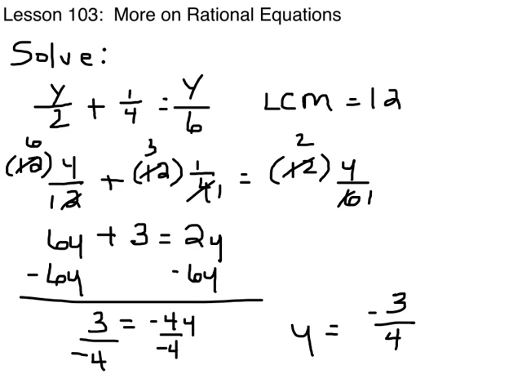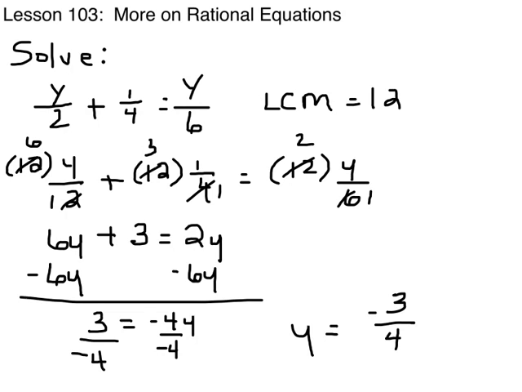This is Lesson 103, Saxon's 3rd edition, Algebra 1, and this lesson is more on rational equations. More meaning that we started this in Lesson 78, and in Lesson 78 we talked about how in rational equations where all the denominators are integers, the first thing we need to do is to find the least common multiple, like we do when we're adding and subtracting any fraction.